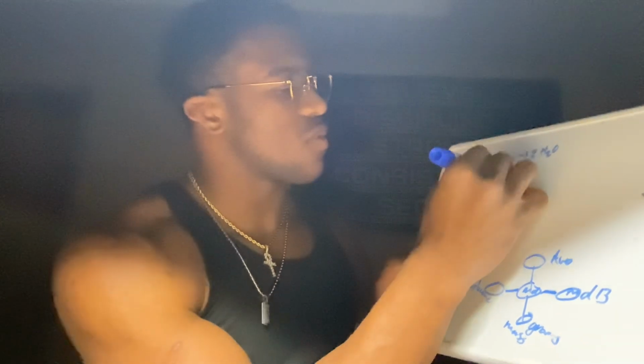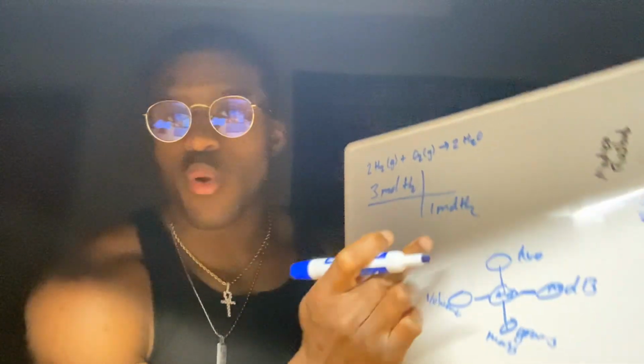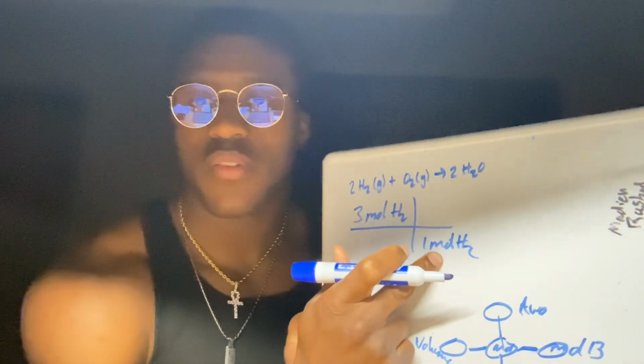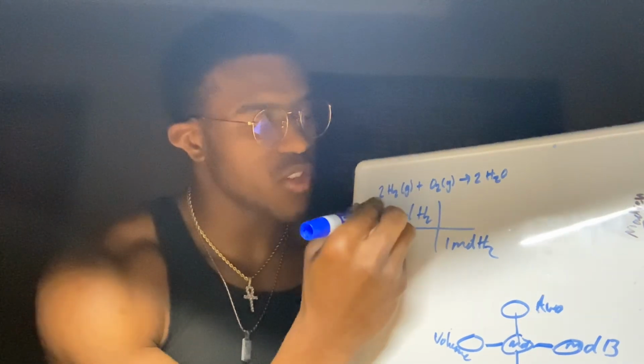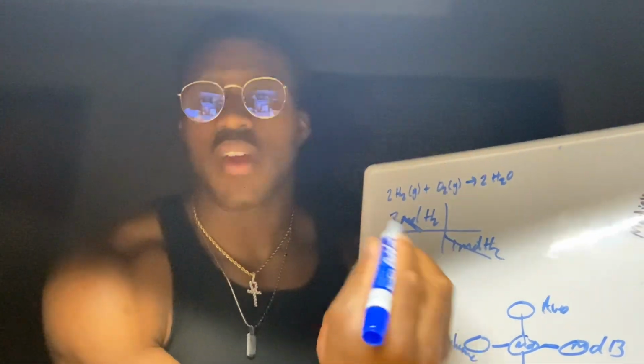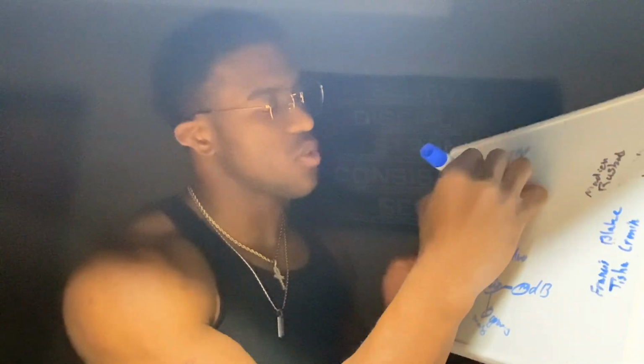So if I said I want you to go to liters of H2, you just do this, 1 mole of H2, because you're always trying to get rid of what you started with. Whatever you start with, you're trying to cross out moles and moles, and we're trying to move to liters. Liters is always going to be 22.4 liters.